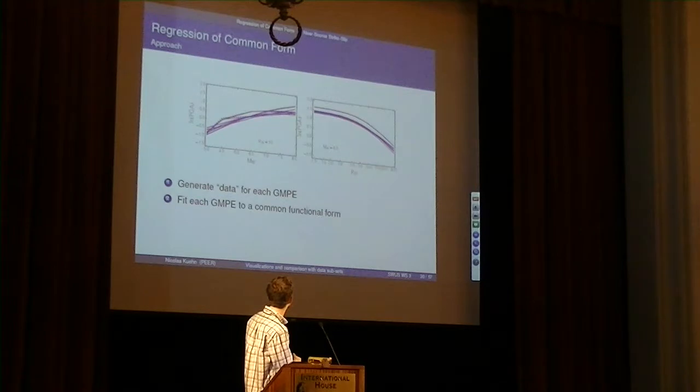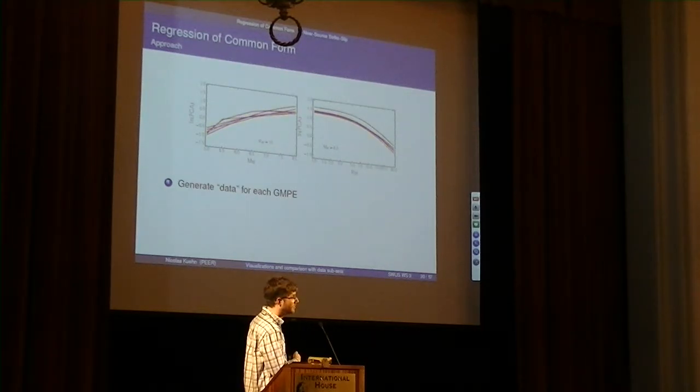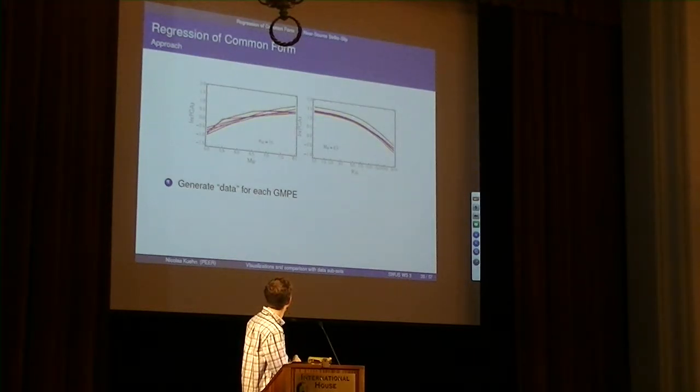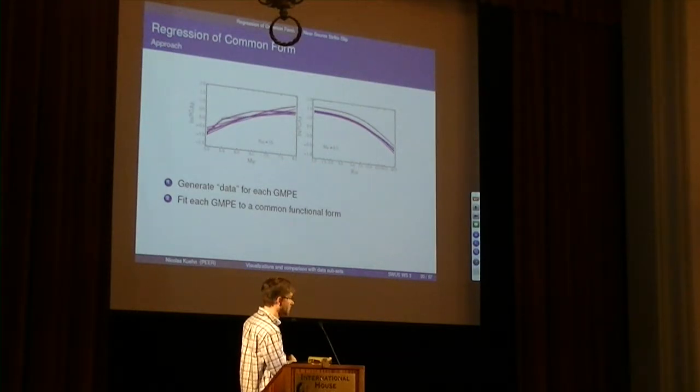In this case, the red lines are the original GMPEs, and the blue lines are the fitted GMPEs. For that particular scenario, it works well. I'll show you some later where you see larger differences between the fitted models and the non-fitted models.